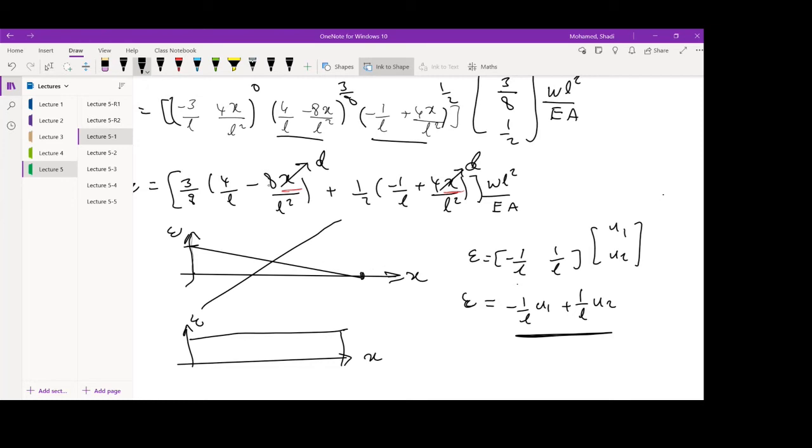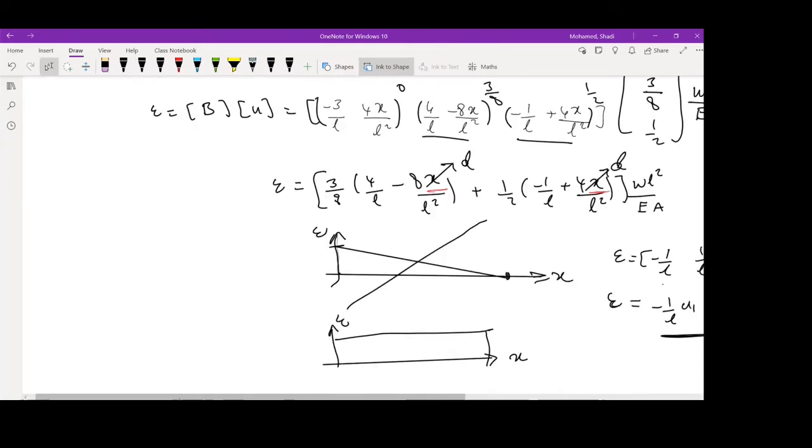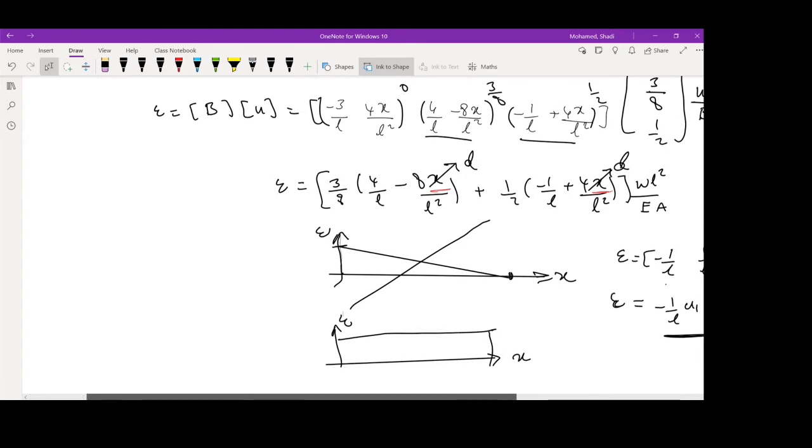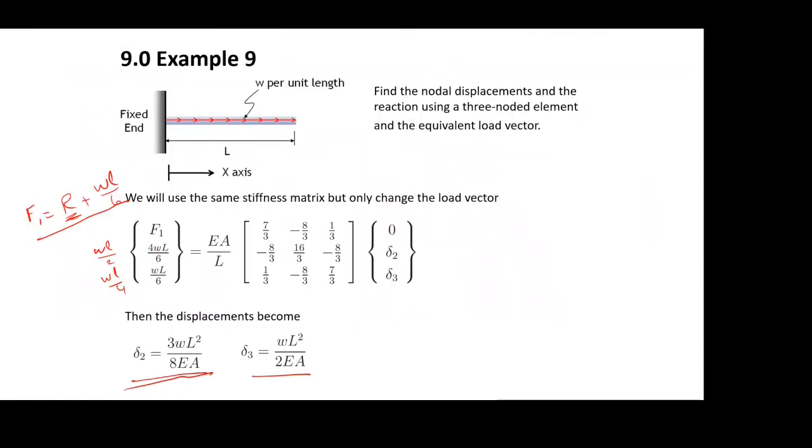So this is the key advantage of using these quadratic elements: the strain can also vary, not constant like we had in the two-noded elements.